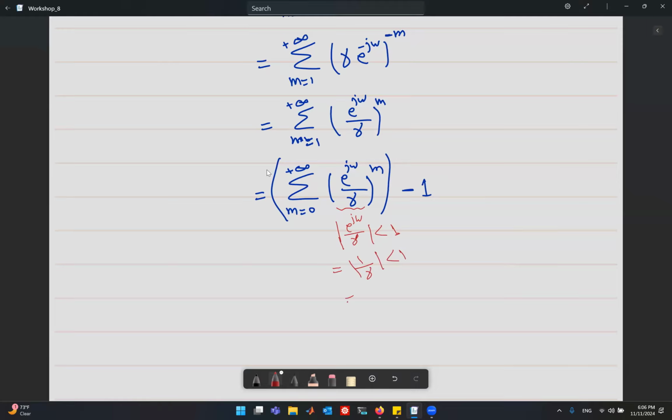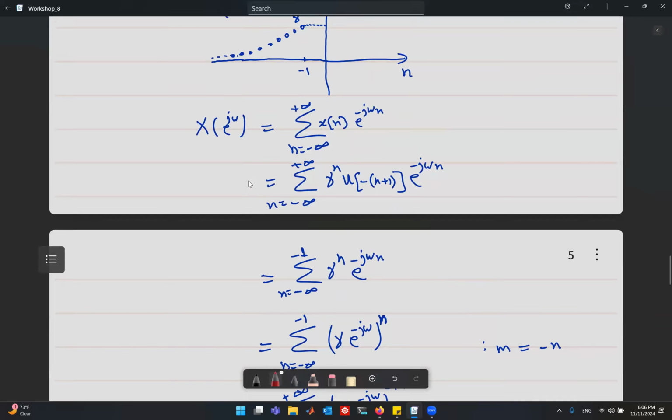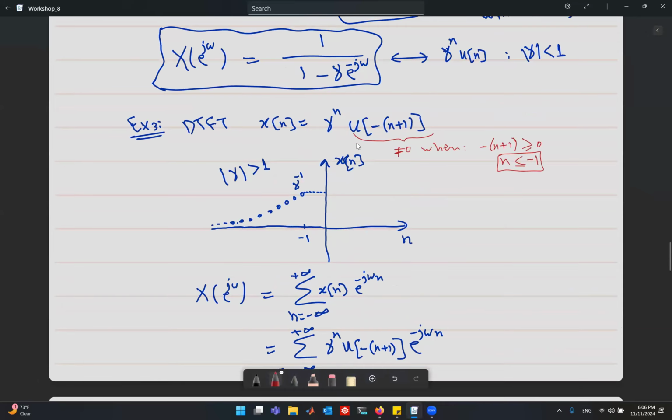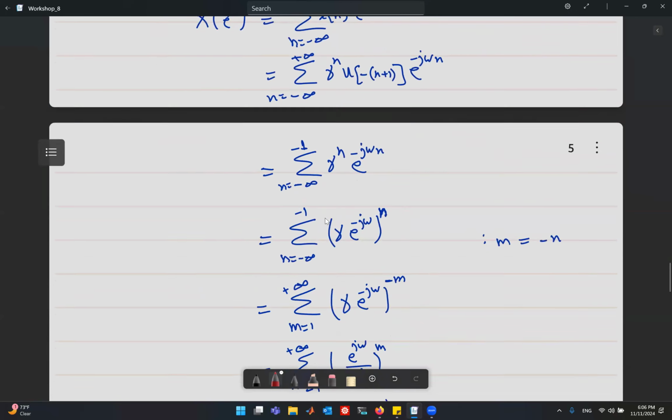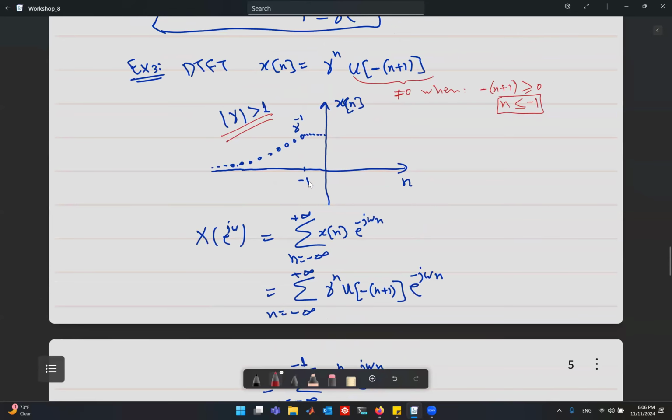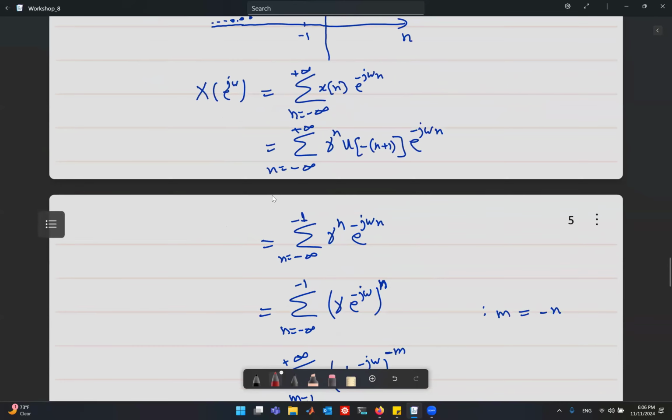Therefore the absolute value of gamma should be larger than 1, which is satisfied because we assumed this from the beginning. The absolute value of gamma should be larger than 1 for this non-causal signal to converge, or to have a discrete time Fourier transform.